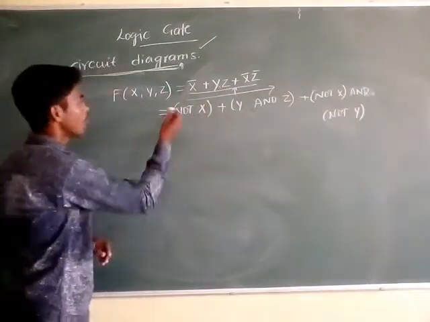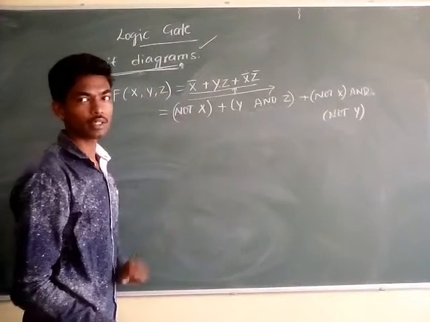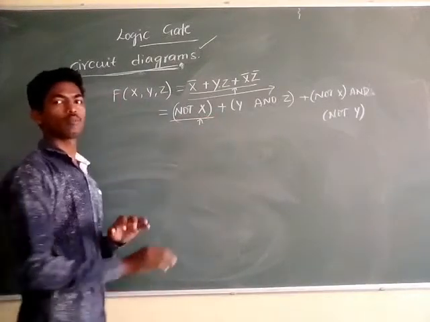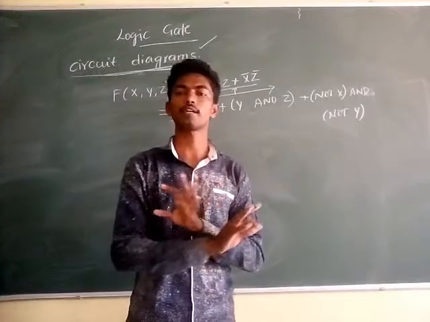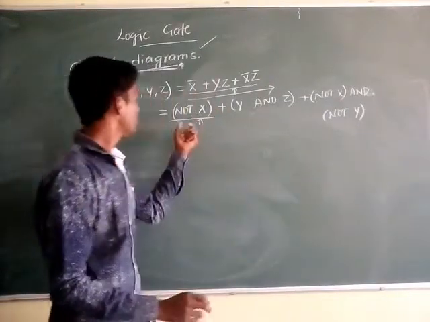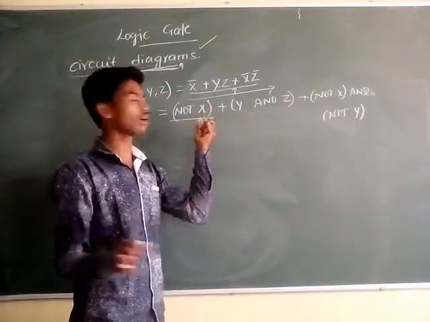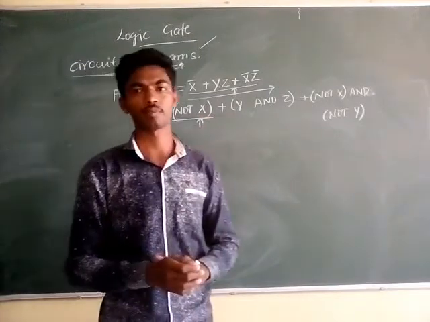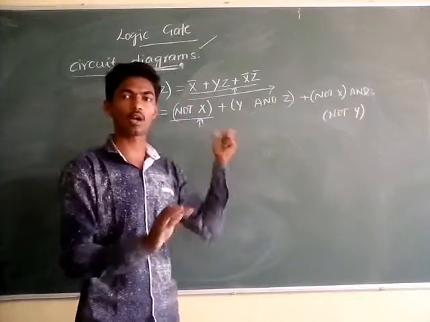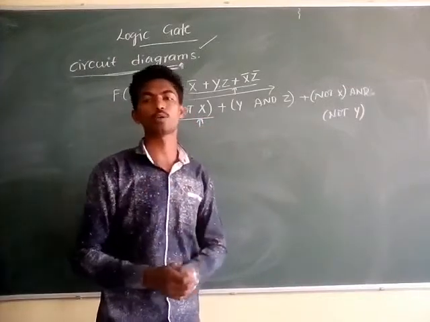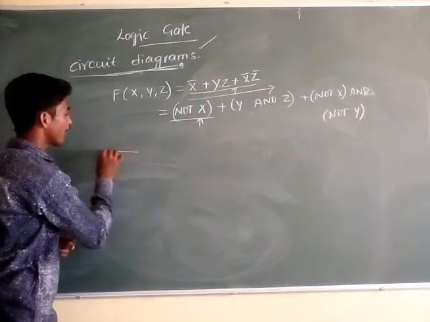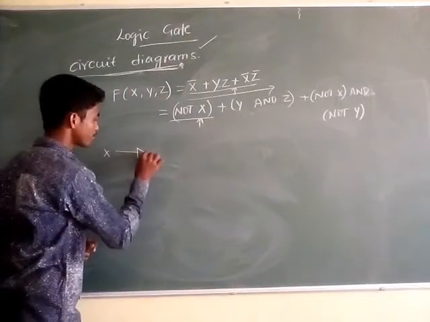If you are not understanding this step, you can ask me through WhatsApp. Okay? Then I am going to draw the circuit diagram for the given expression. First thing is NOT X. No other operations are there for NOT X, so directly you input the value of X to the NOT gate.